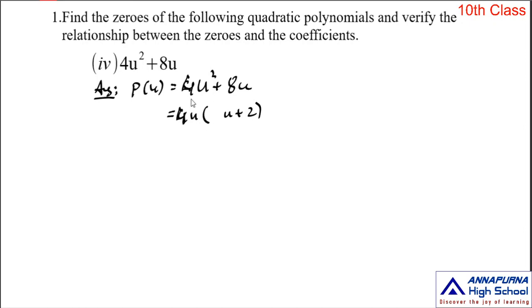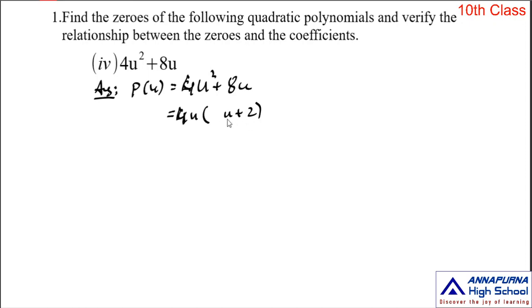From 4u square you take out 4u, another u is there, and from 8u you take out 4u, another factor is 2. So 4u into u plus 2. So where is the second zero value?